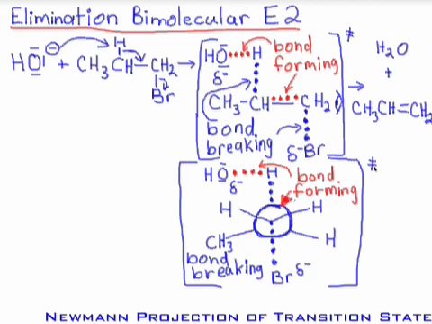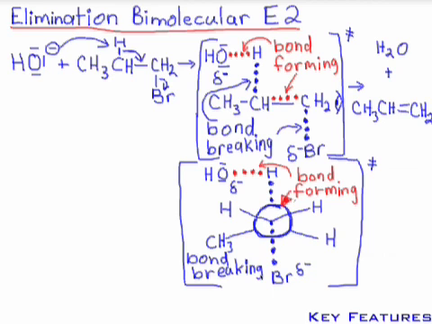Now what the Newman shows is the orientation of the two groups that are leaving much more clearly, and what's happening to these substituents as the pi bond forms, how they're flattening out. Now that brings us to the key features of the reaction mechanism, which we can begin to talk about.